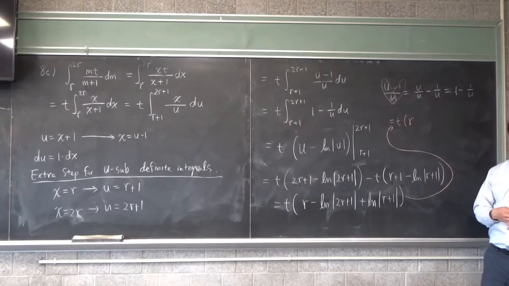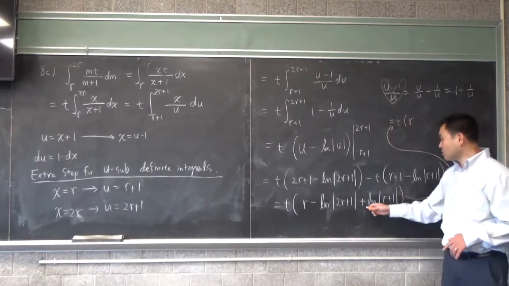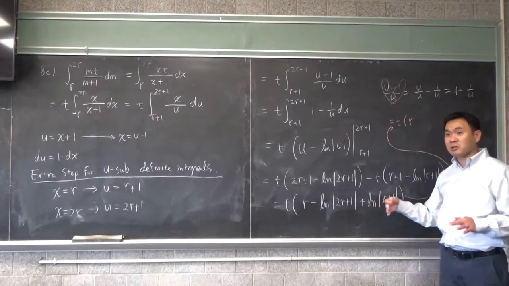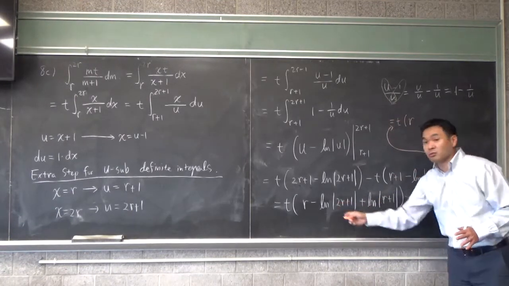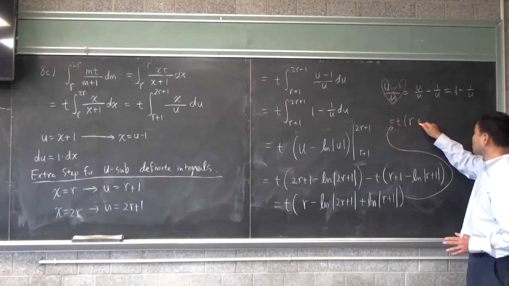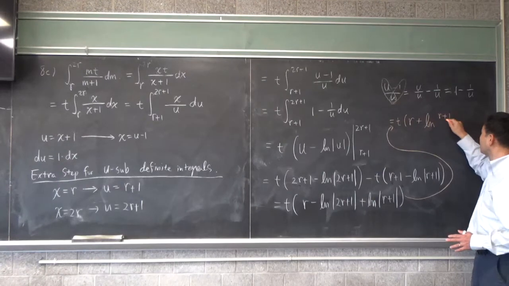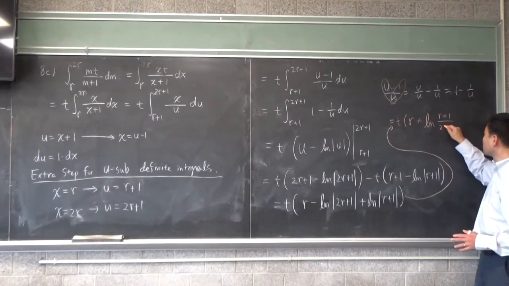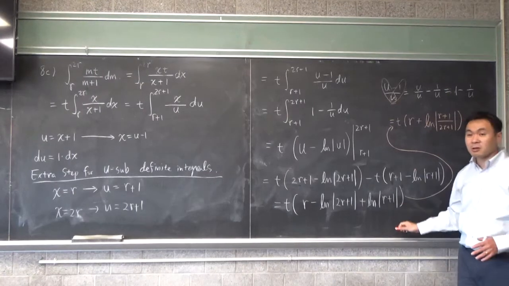Division. Subtraction of 2 logs becomes division inside the log. So instead of having 2 logs, you can rewrite this to have just 1 log. And the top one is r plus 1. The bottom one is 2r plus 1. So that'll be another way to write it.